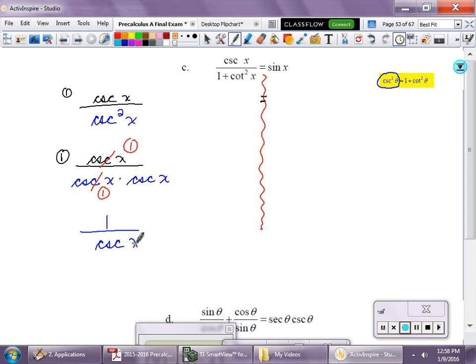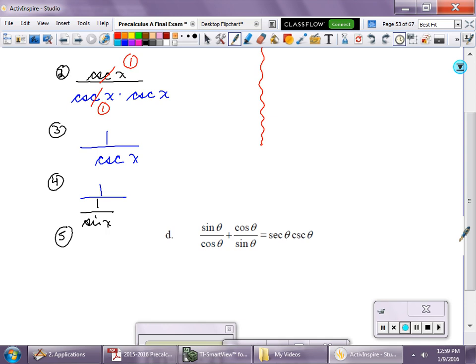Nice. This is your reciprocal function. So reciprocal function means this is going to be 1 stays over. Make sure you respect the original fraction line, 1 over sine. And then 5, shimmying this down a bit. I'll show you everything. We'll have to do this one in the next video.